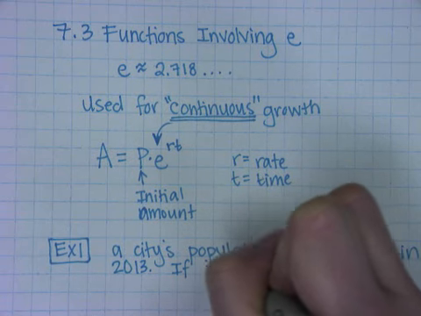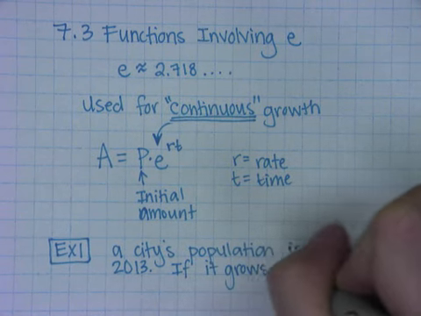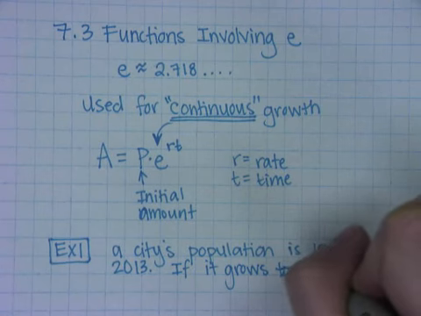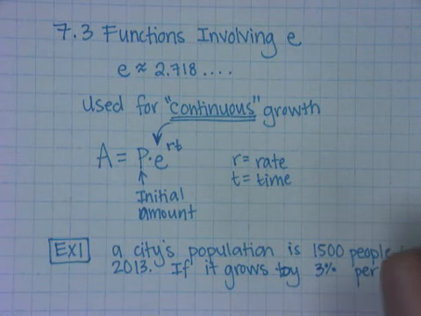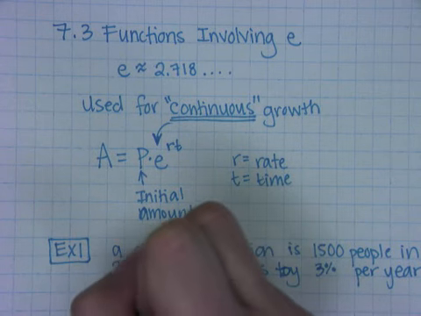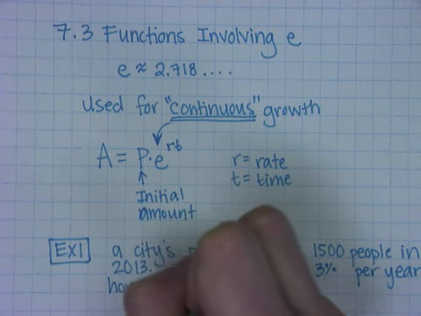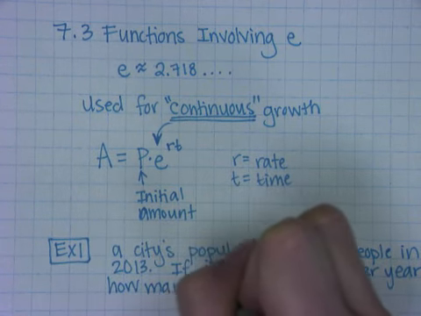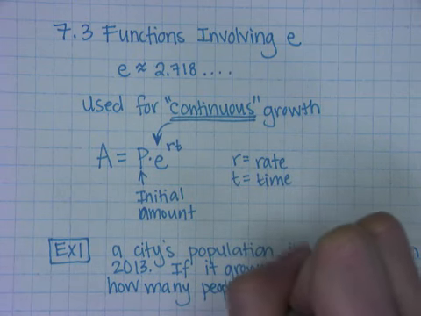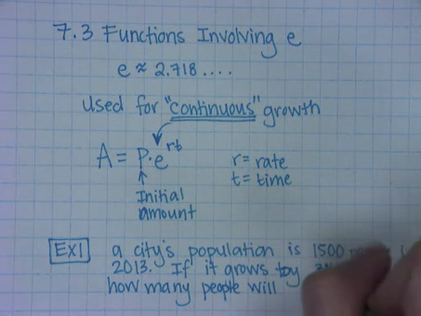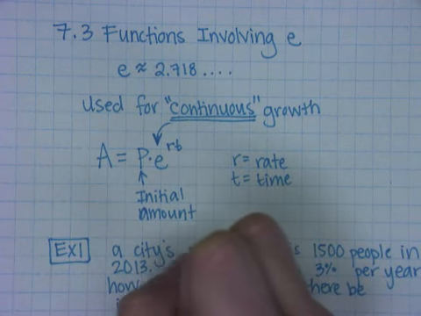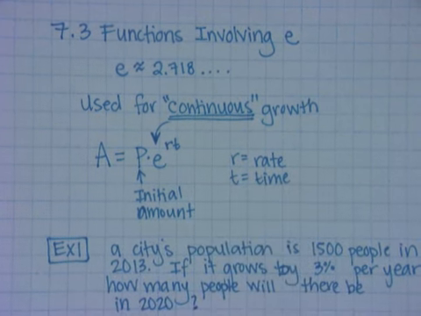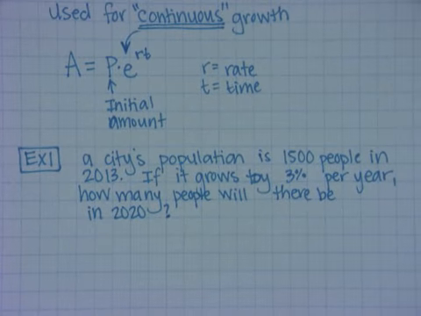If it grows by 3% per year, how many people will there be in 2020?